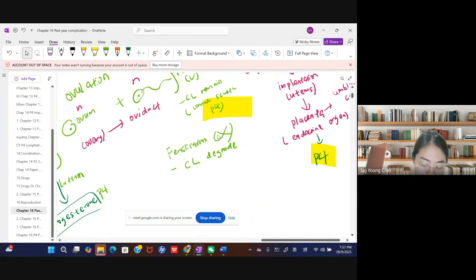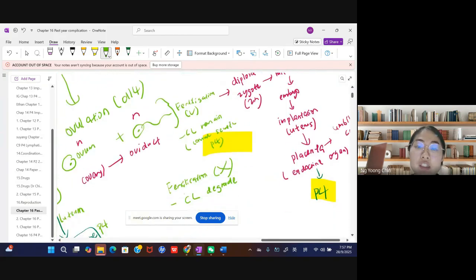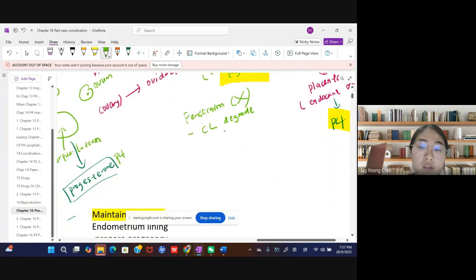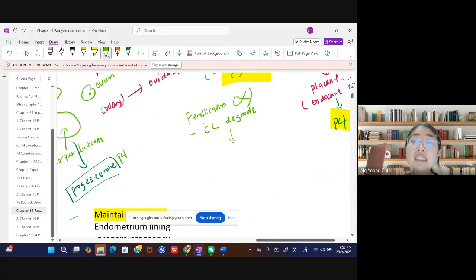So what happens if the corpus luteum degrades? What happens to the progesterone? Is it increasing, maintained, or rapidly reduced?